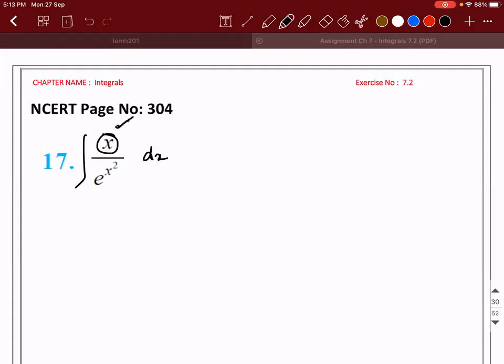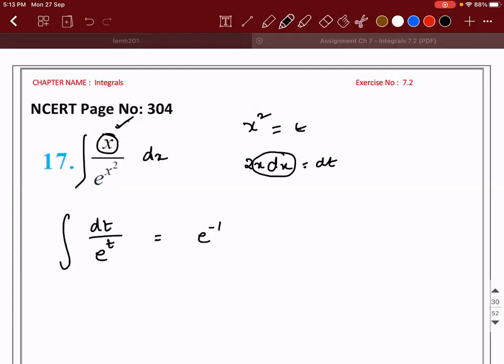So, if you have to check for x square in the question, is there an x square? Yes, sir. In power of e. So put that x square as t, then 2x into dx will be equal to dt. Then what is x dx? dt by 2. Integral of dt divided by e power t, that is e power minus t dt.